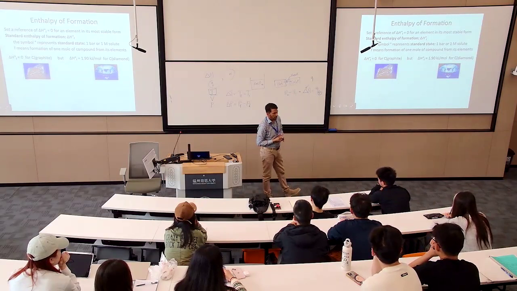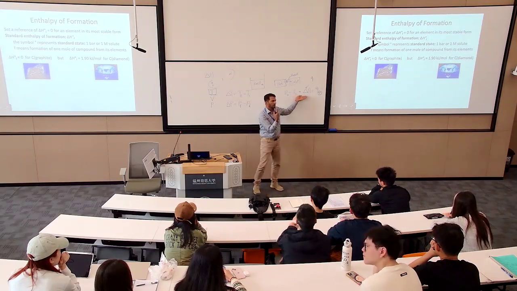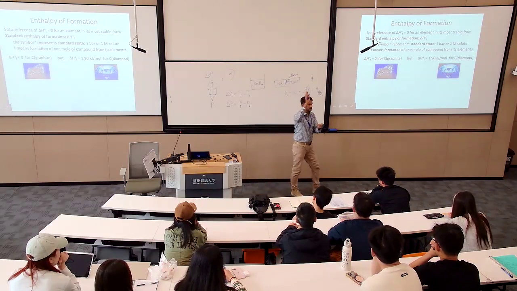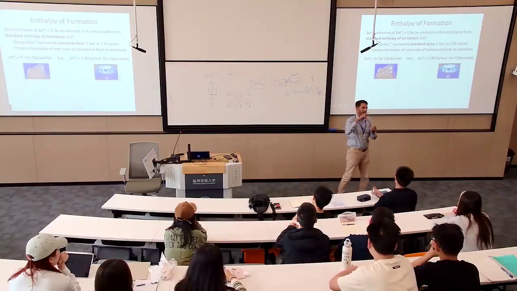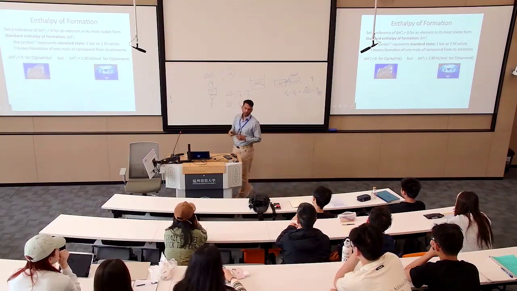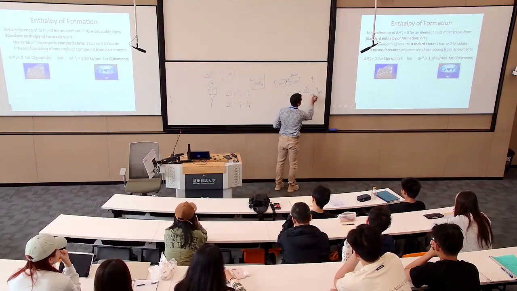Understand? So it is mostly for 1 mole of the material. If 1 mole of crystal forms, it is the enthalpy of crystallization. If 1 mole of water evaporates, the heat required to evaporate is called the enthalpy of vaporization. So we write it this way.